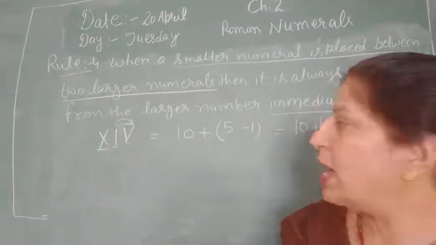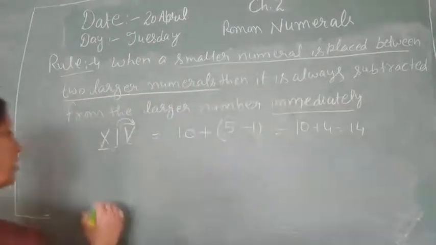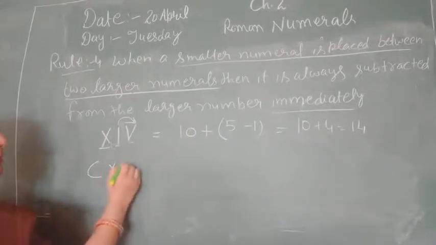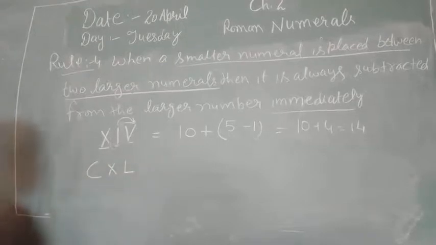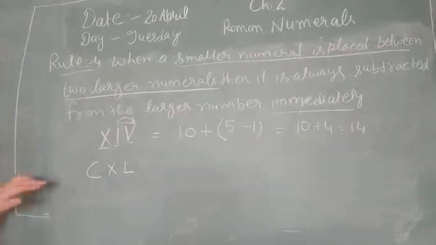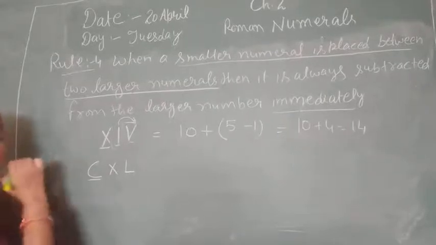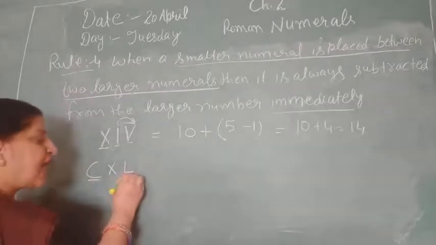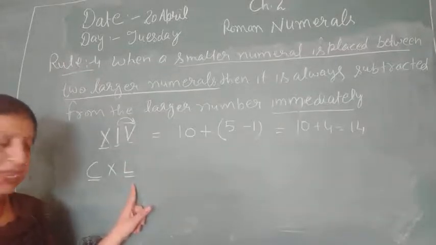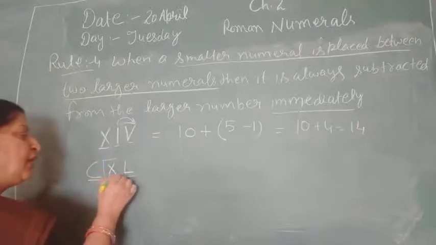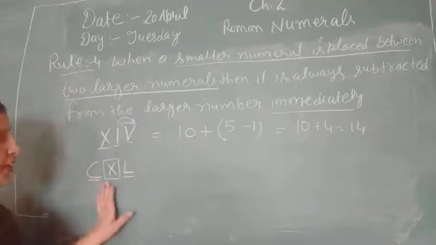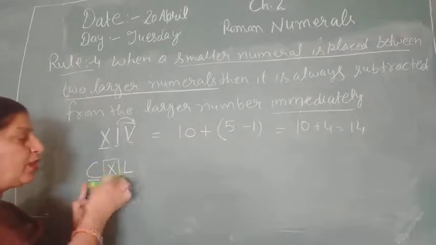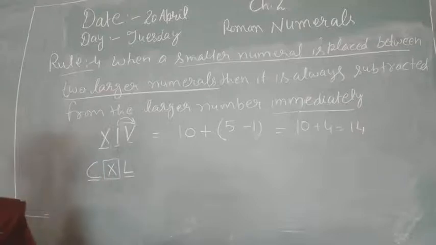Now we take one more example. C X L. Now again we see that C is a bigger number. It represents 100 and this L represents 50. And now between them the number is X and this is smaller than both of these two numbers. इन दोनों नंबर से जो X की वैल्यू है that is smaller.